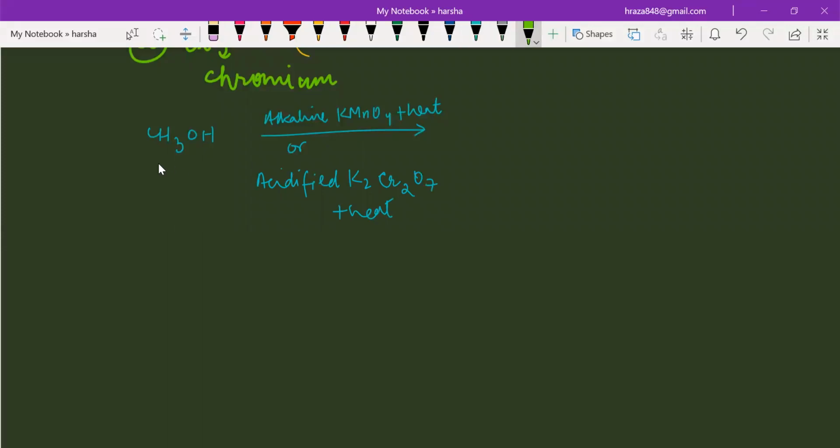Then this is your methanol. Meth is one carbon, and OH for alcohol, so methanol. It will be directly converted into carboxylic acid. And do you know the name of carboxylic acid having one carbon? It will be methanoic acid.